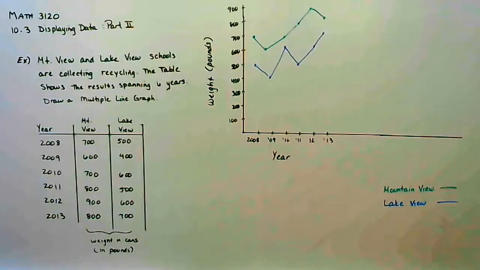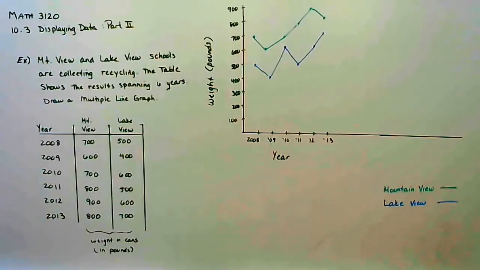Kind of going back, remember, bar graphs were used to compare data items when the categories were grouped. A histogram is used to compare data grouped in numerical order. So we use a histogram when order matters. Okay? Bar graphs, the order didn't necessarily matter.